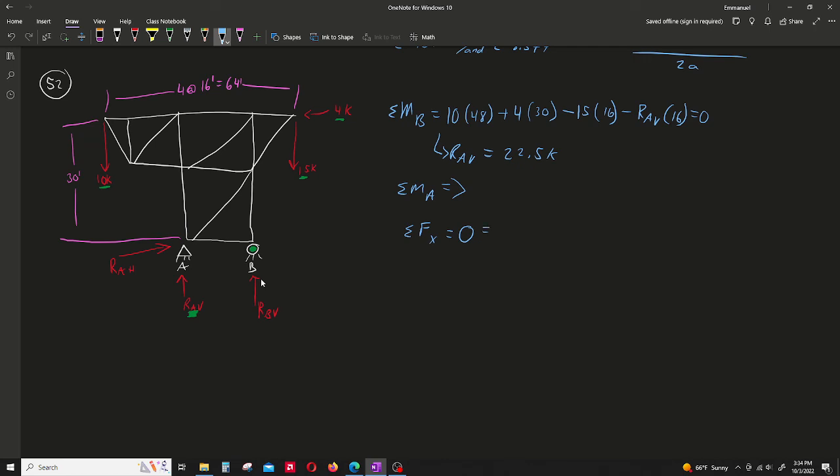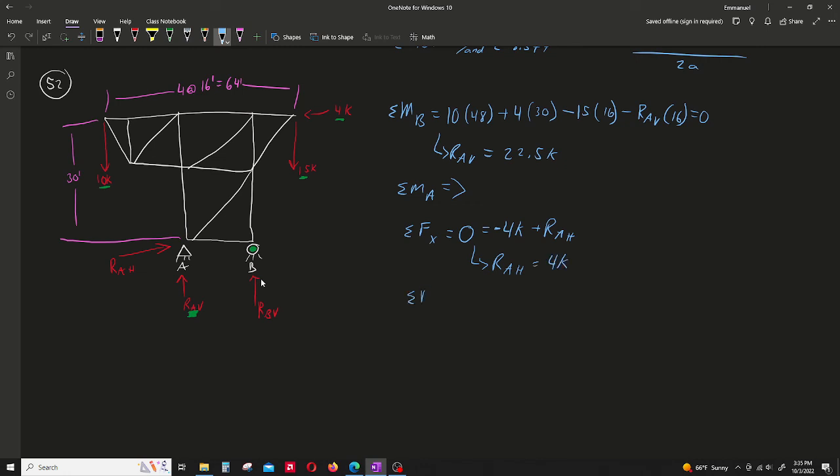In the x direction, what do we have? We have 4 kips, negative 4 kips, plus RAH. So therefore, RAH is equal to 4 kips.